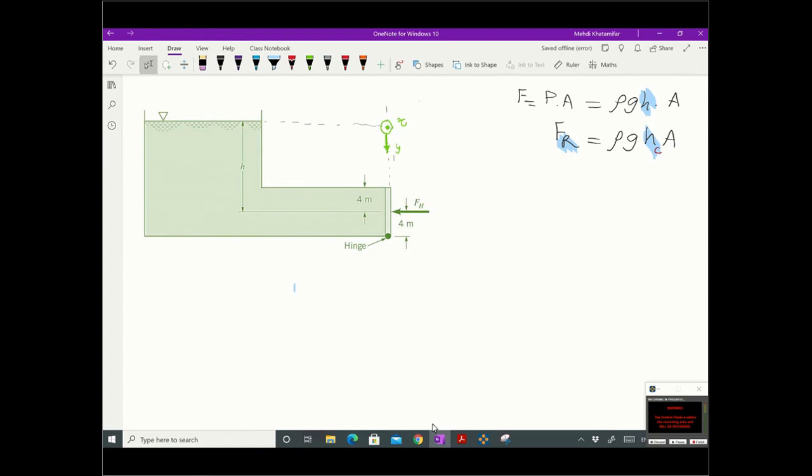No. So this distance, y bar, is from this to the surface. This is y bar. And you need to have this. How can you get that? h plus 4 minus 1 plus 5. Yeah. Give me the final answer.